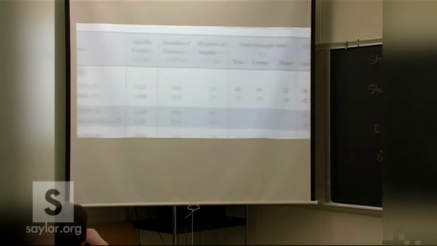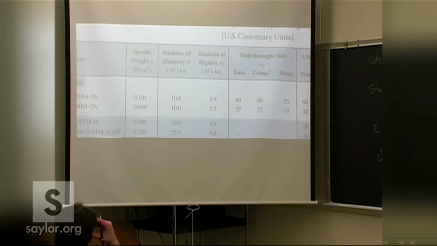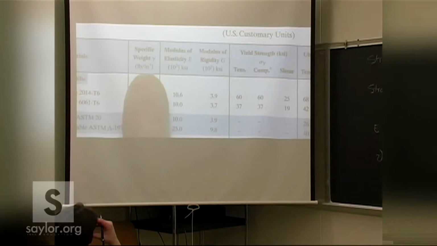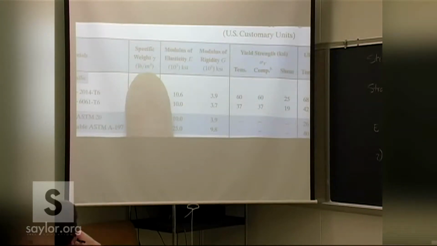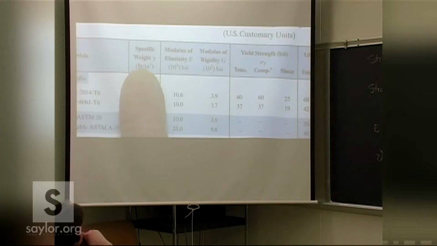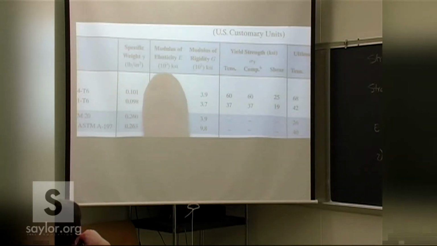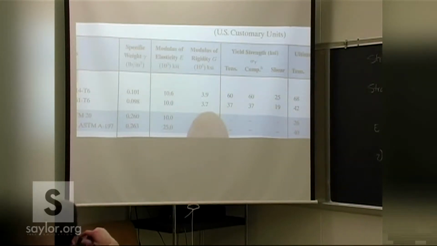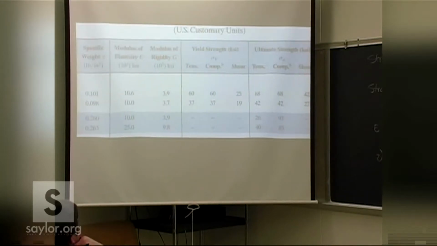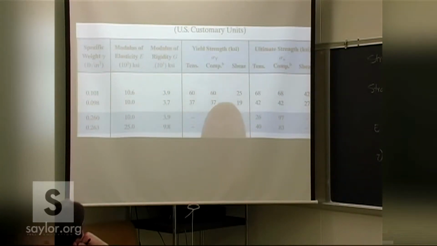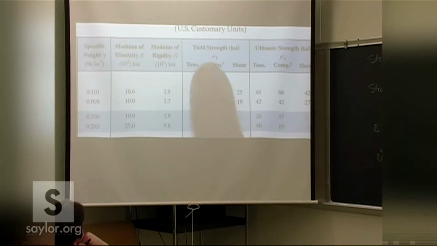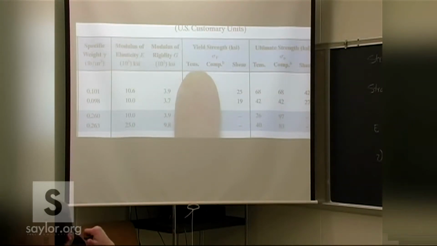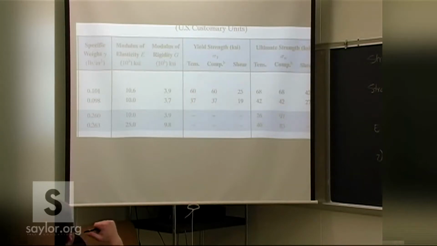And then across the top we have a lot of these material properties we've now been looking at. Specific weight is like density, only with weight instead of mass. Modulus of elasticity. Be careful of these units. All these numbers happen to be in KSI. There's the modulus of rigidity. The yield strength is a number we're going to have to pay a lot of attention to. Notice for most of these materials it's the same in tension as it is in compression.